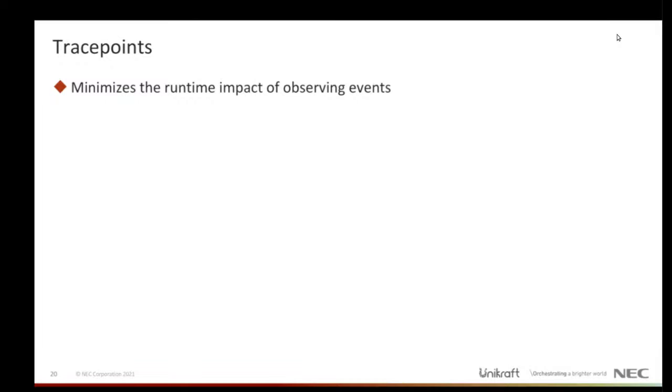For that purpose, we have, similar to the Linux kernel, trace points, where the idea is that you can observe events. You can instrument your code and observe when trace points are crossed, with as minimal overhead as possible, and analyze your data later.